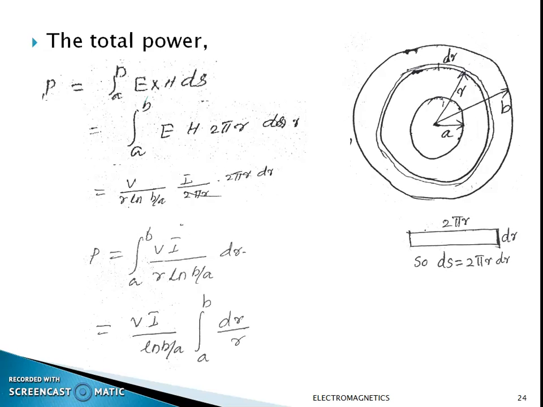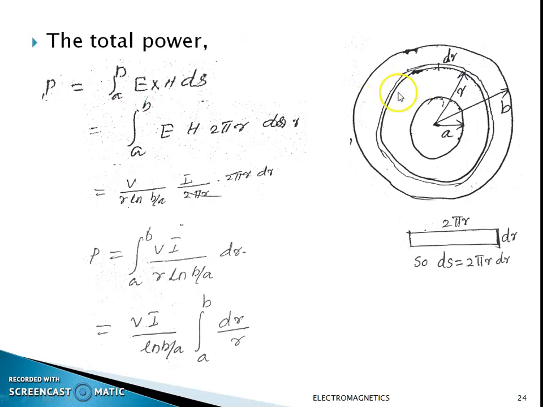So the total power, that is we are taking the integration from the lower radius to higher radius.